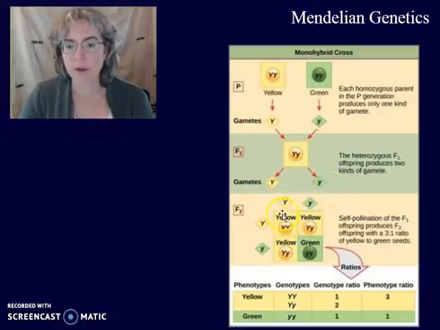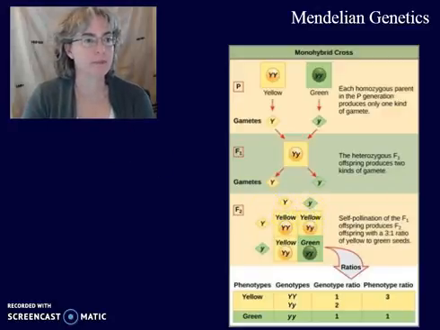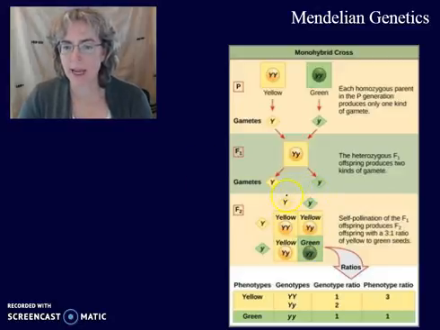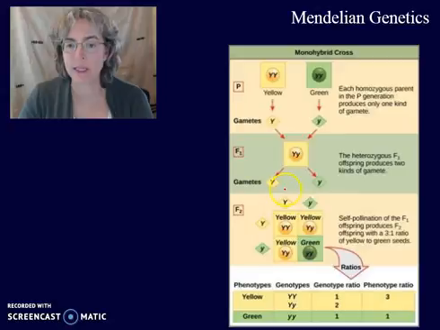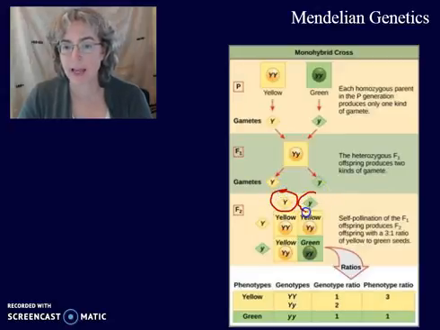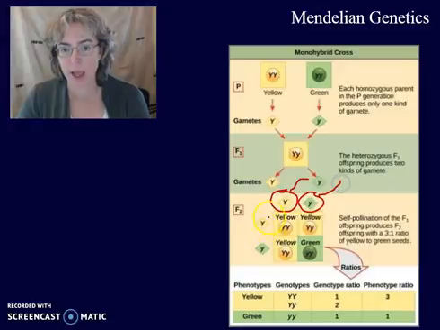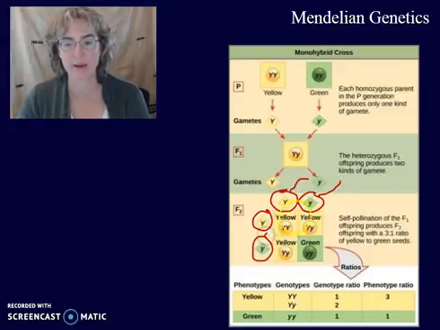Okay, so we are going to put those into a Punnett square. So in this case, this is going to be the gametes that the father can make, and let's say that these are the sperm, and then these are the gametes the mom can produce, and these are the eggs.